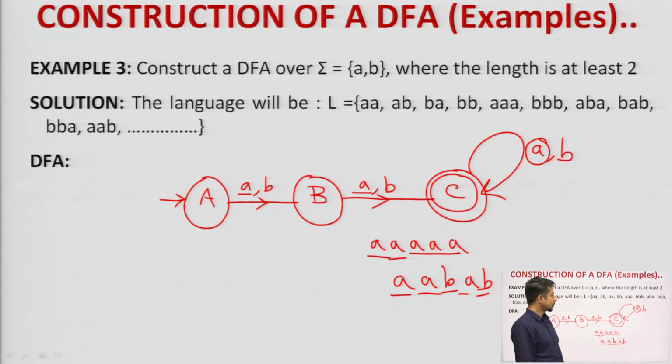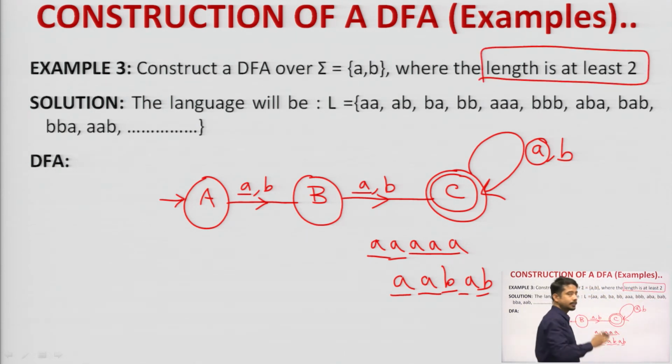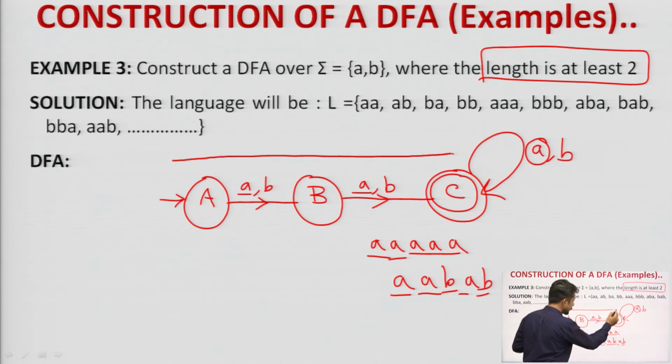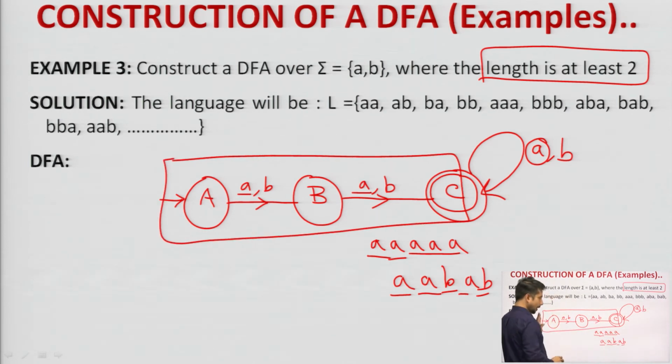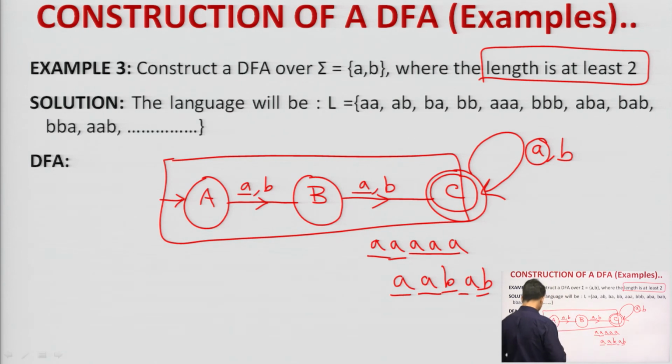Got it? So, this is all about the third question, where the length is at least 2. At least means minimum 2, more than that it can accept any strings, correct. So, that is why I have drawn the first half for length equals 2. After that there is no restriction, so I took a self loop. Now, if you look into the entire diagram, for all the states now the DFA is accepting.